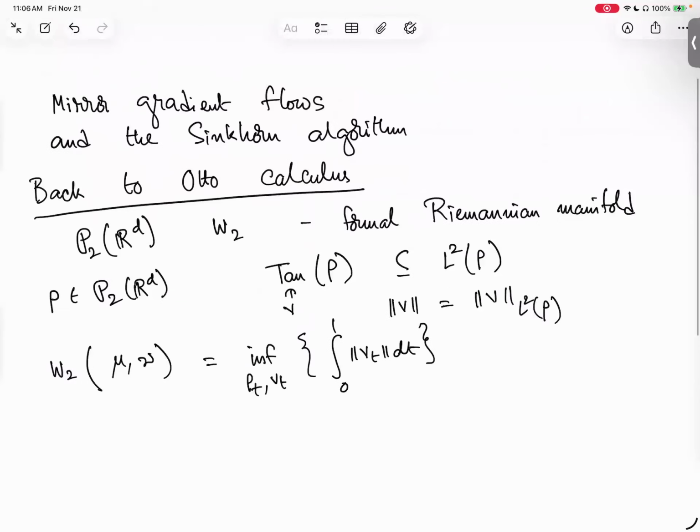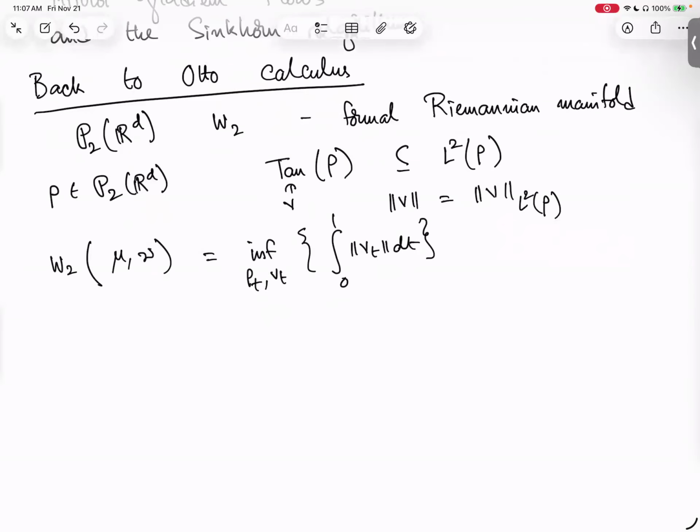Now, one of the interesting developments in the last few years is a generalization of this setup of Otto, where you look into different kinds of metric tensors and you derive different kinds of processes out of it. One of the benefits we get from this setup is that I can talk about the heat flow as the gradient flow of entropy.